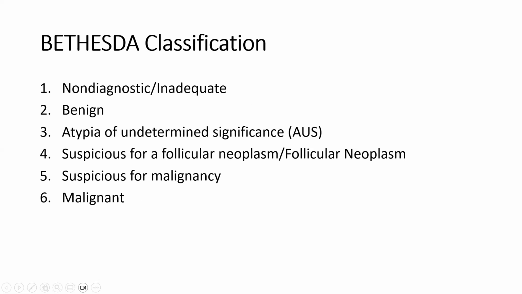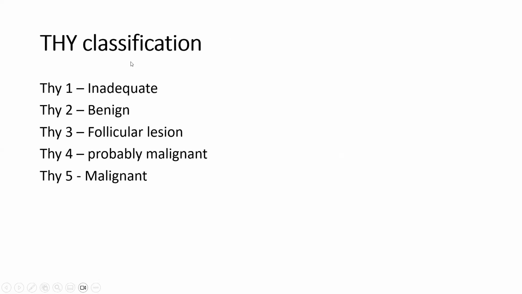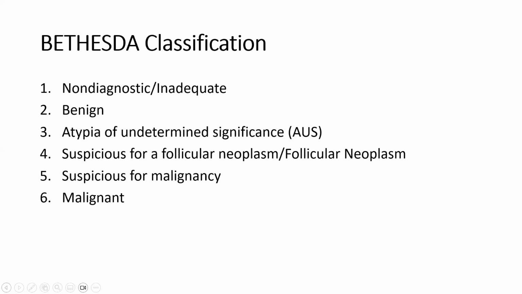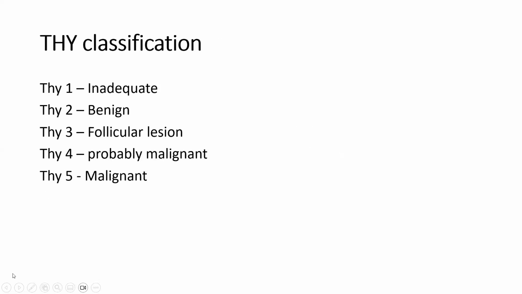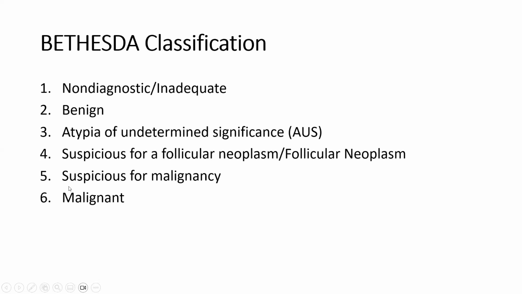In the Thai classification, Thai 1 is inadequate, Thai 2 benign, 3 is follicular lesion, 4 is probably malignant, 5 is malignant. I don't think you need to memorize this, but know that as the score is higher, the chance of malignancy is higher.